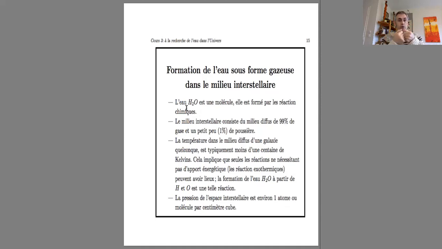Now we're talking about a chemical reaction, the joining of two hydrogen atoms to one oxygen atom. And this will take place in the interstellar medium, we believe, as I'm going to explain.